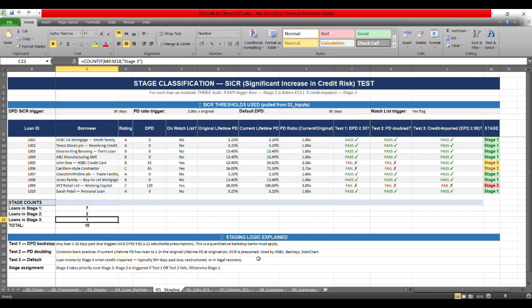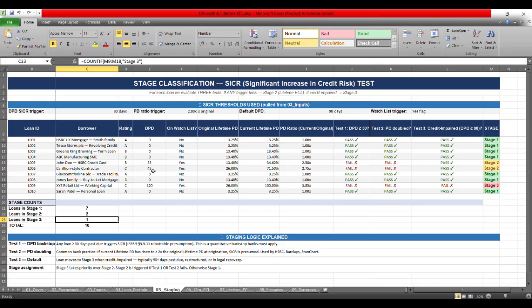This means that there is a significant increase in credit risk, right? And these are used popularly by global banks at the internal level. And then comes test 3, the default test. If the loan has already crossed 90 days or more, then this is a credit impaired loan, and we are directly moving it to stage 3.